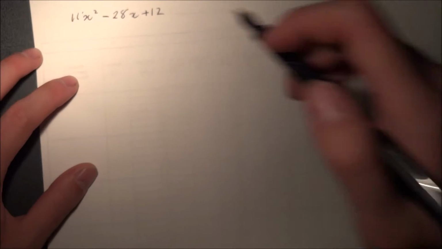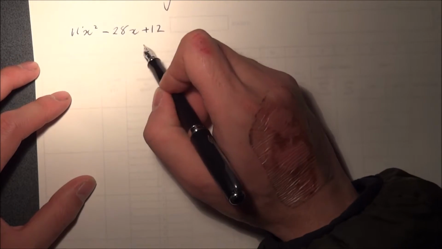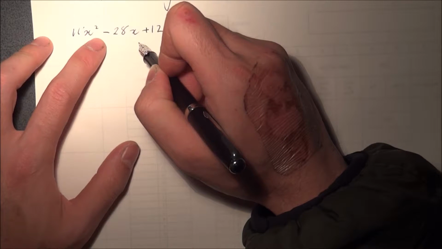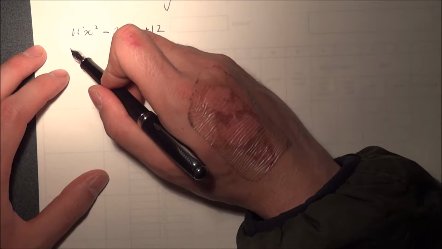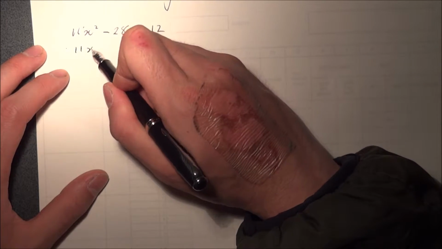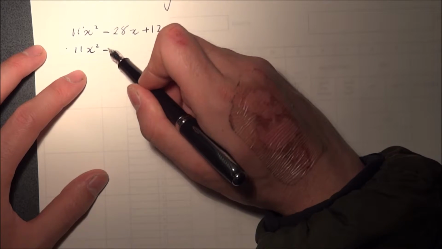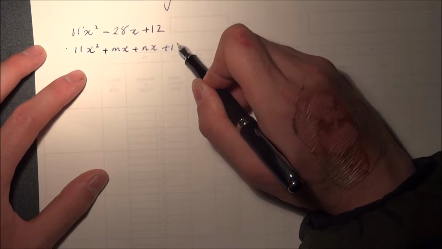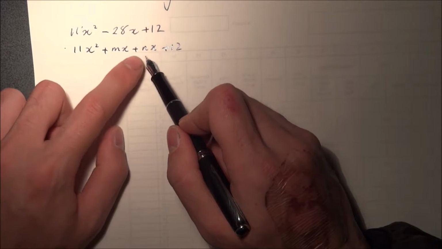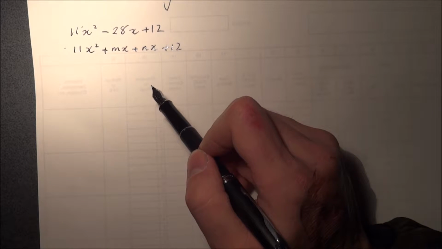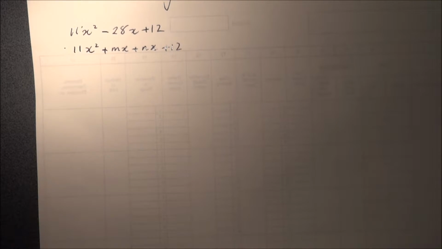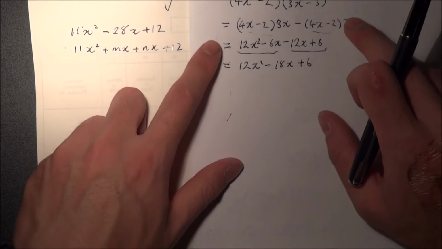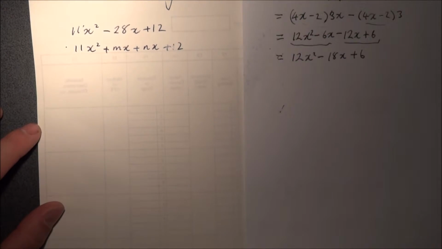So in our example here, we're trying to split the negative 28x so that we will end up with something that looks like 12x squared plus mx plus nx plus 12, where mx plus nx equals negative 28x. So that at this stage, we can then go back up step by step.